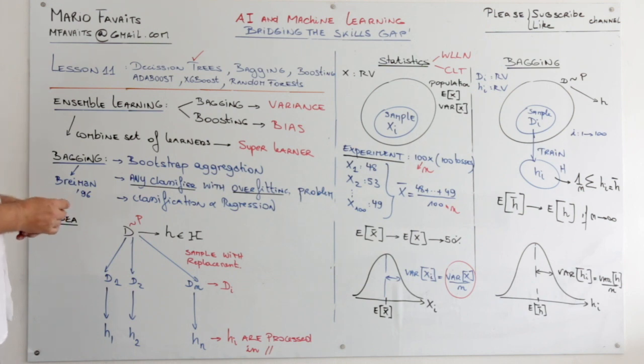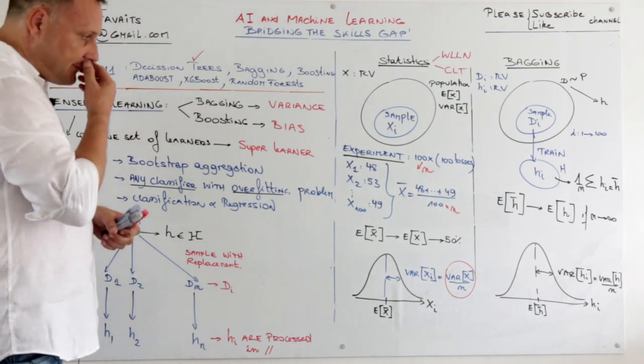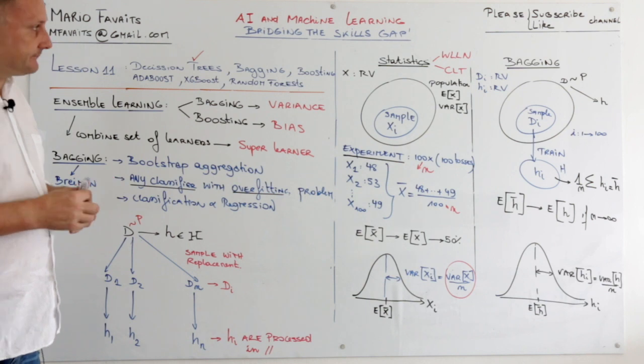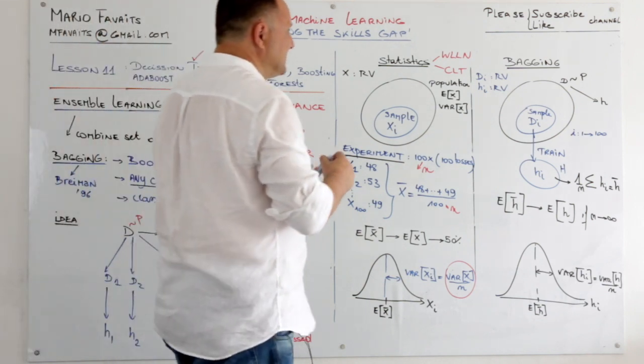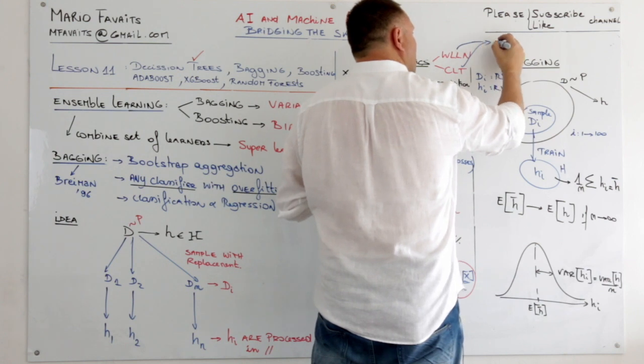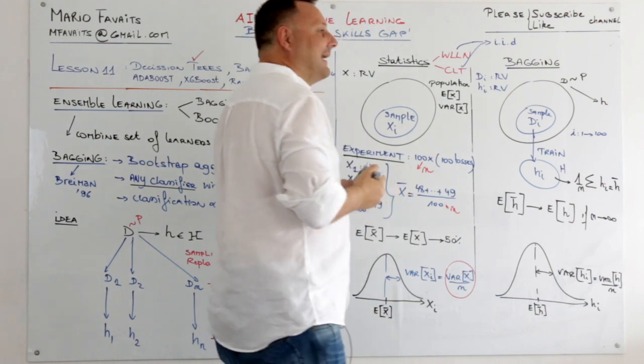Okay. Now there's a bit of an issue. What is the issue? Well, the issue is the following. These two laws here expect that your random variables are IID.